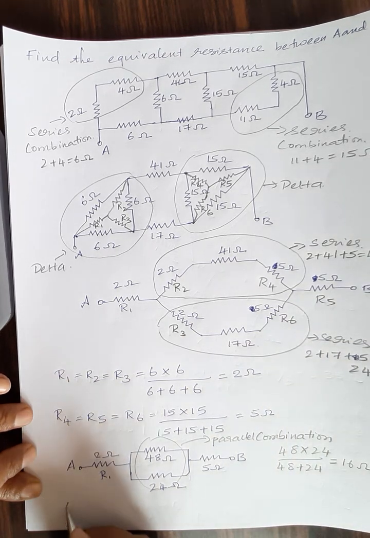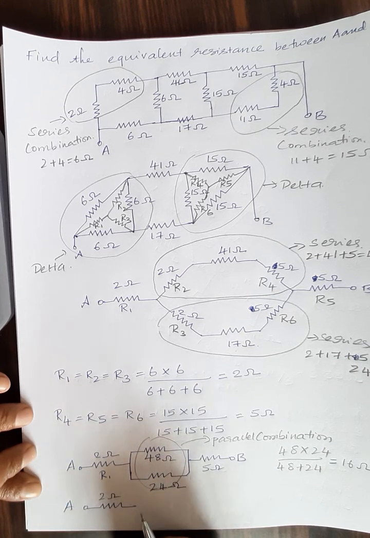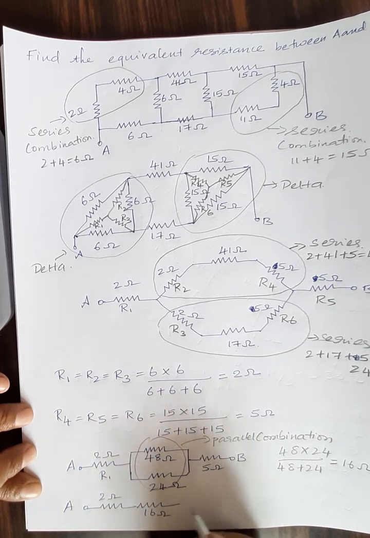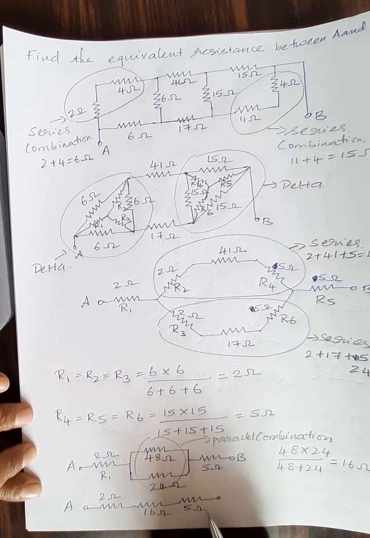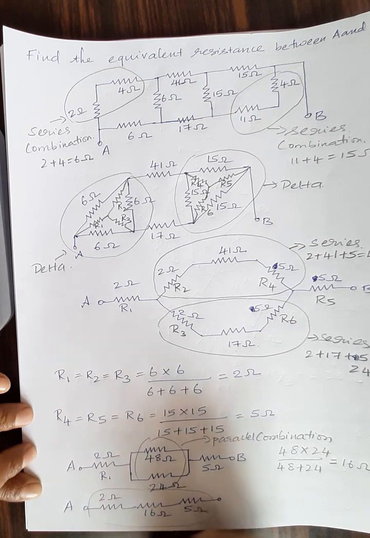Now finally you draw the last circuit, 2 ohm, 16 ohms. The answer you got by parallel combination, and 5 ohm. So now all these three resistances will be in series.